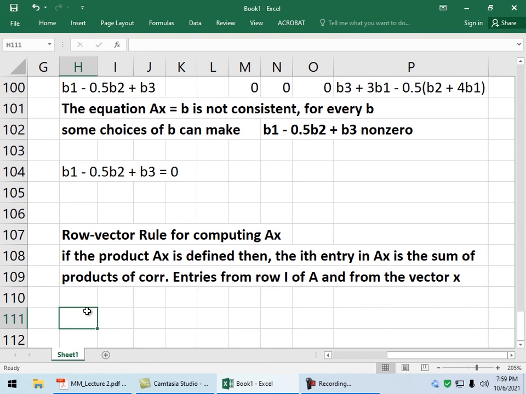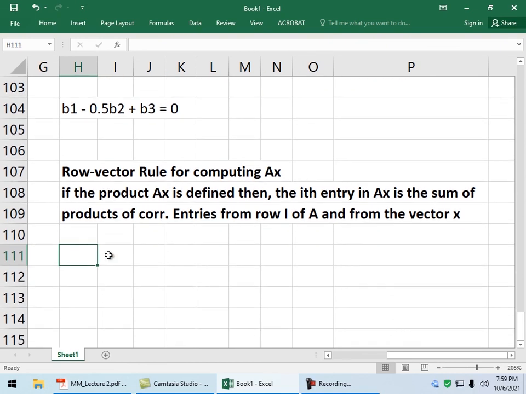So let's apply this rule to a matrix and vector. The matrix will be 1, 2, minus 1, 0, minus 5, and 3, and the vector will be 4, 3, and 7. So how can we apply this rule?